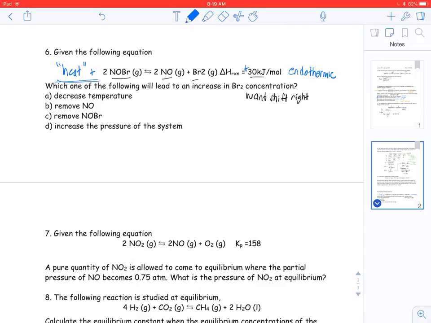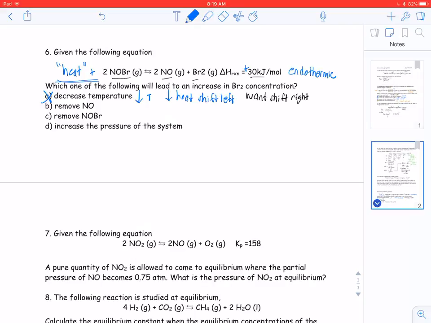So if you decrease the temperature, you're actually removing heat or decreasing that amount. And Le Chatelier's principle states that you shift towards the decrease. So this would shift left. And we, of course, want to shift right. So this is the wrong direction.